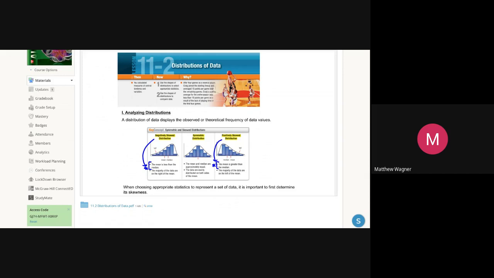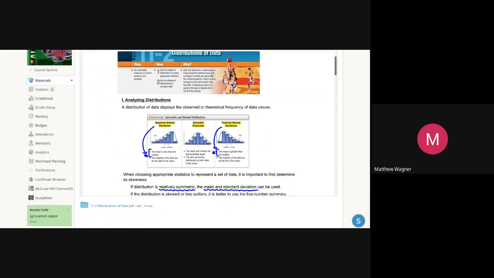So today, basically what you're looking at is distributions of data. The two things we're going to look at today are histograms and box and whisker plots. First, we're looking at symmetric, positively skewed and negatively skewed distributions. With histograms, looking at the tail is going to tell you which way to go. If it tails to the left, that's a negatively skewed distribution, which means the mean is lower than the median.